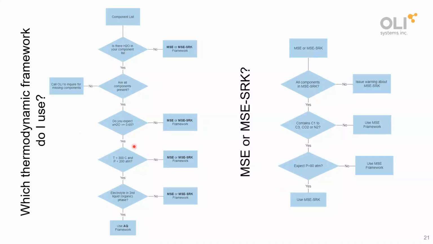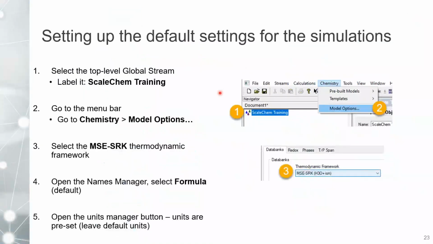And if you don't know whether to select between MSc or MSc-SRK, there is another map in here that will guide you through that selection process. But we don't have to really use this tree today because we will be working with the MSc-SRK framework only.